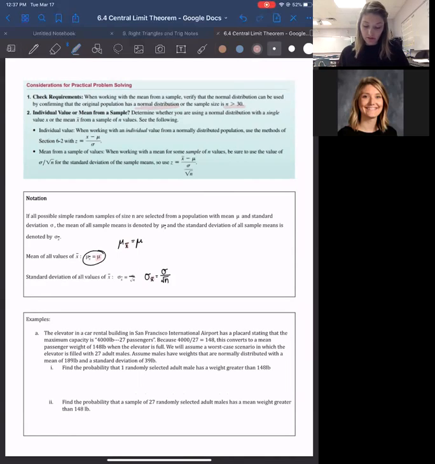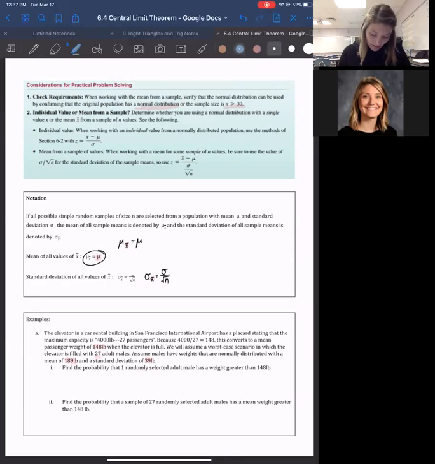Because 4,000 divided by 27 is 148, this converts to a mean passenger weight of 148 pounds when the elevator is full. We will assume a worst case scenario in which the elevator is filled with 27 adult males. Assume males have weights that are normally distributed with a mean of 189 and a standard deviation of 39.